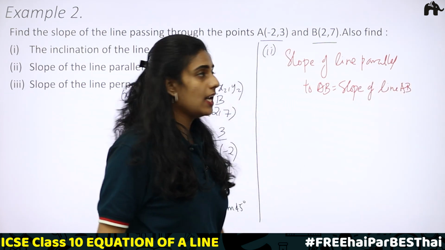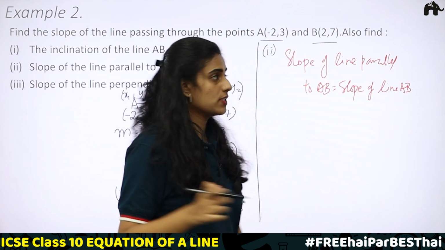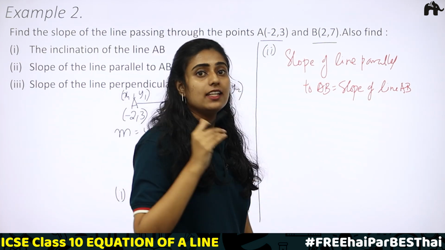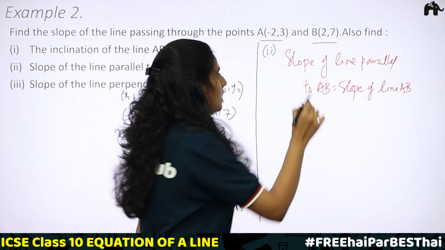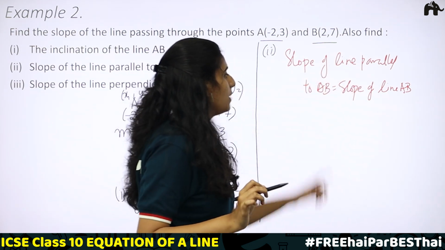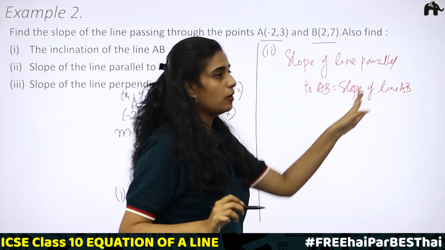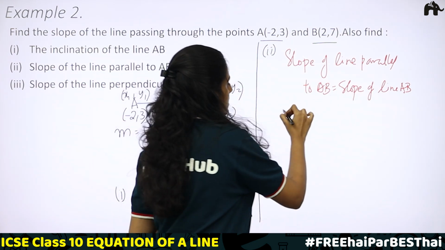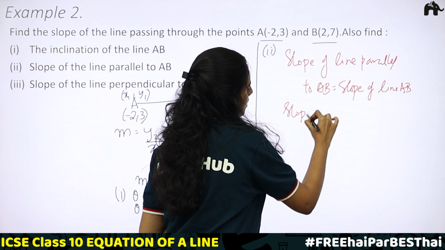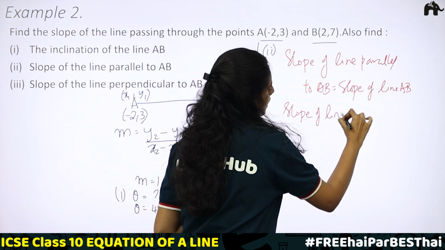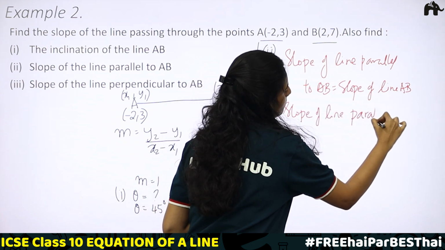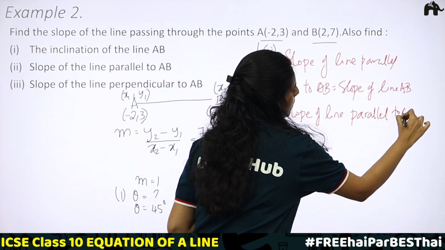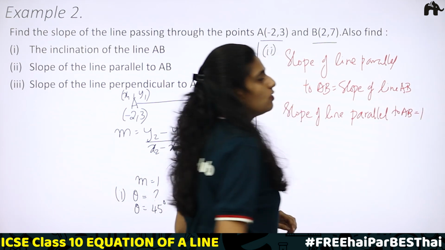In case of parallel lines, they will be having equal slopes. If slopes are equal, then these two lines will be parallel. Slope of line AB we have determined, which is 1. Slope of line parallel to AB is also equal to 1.